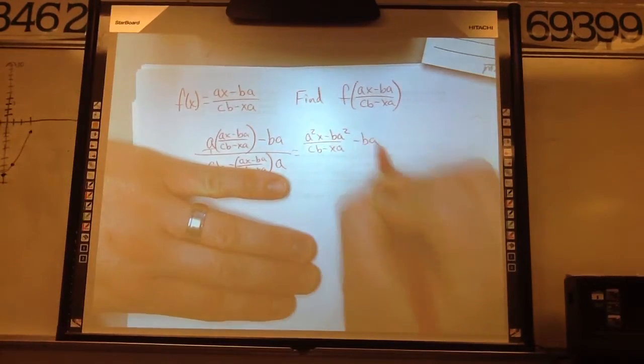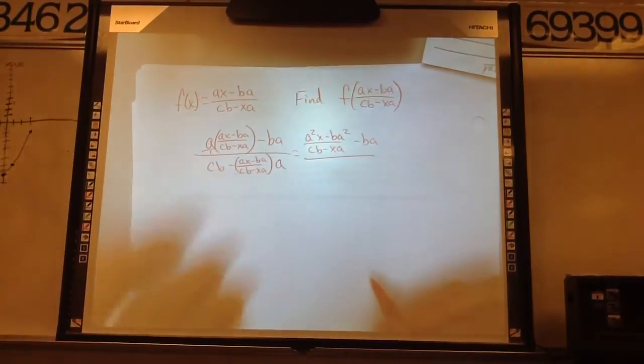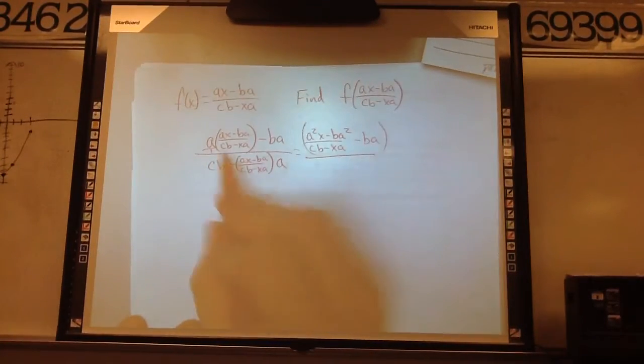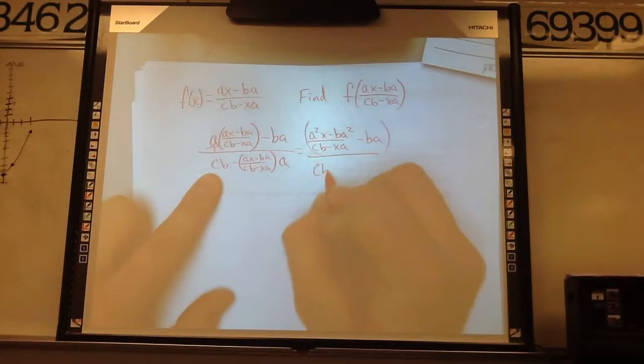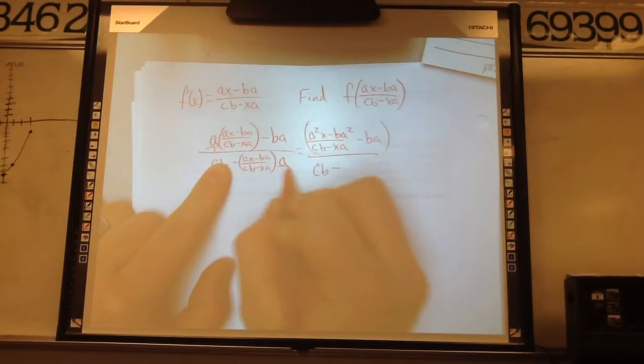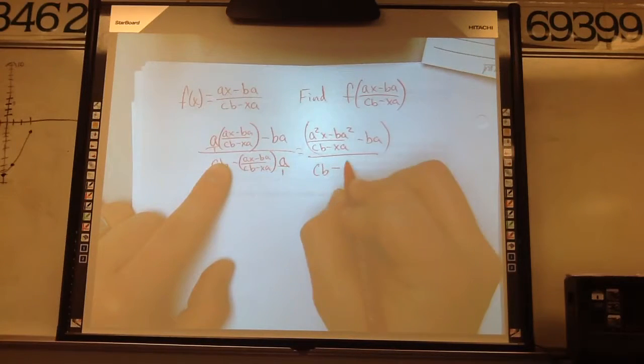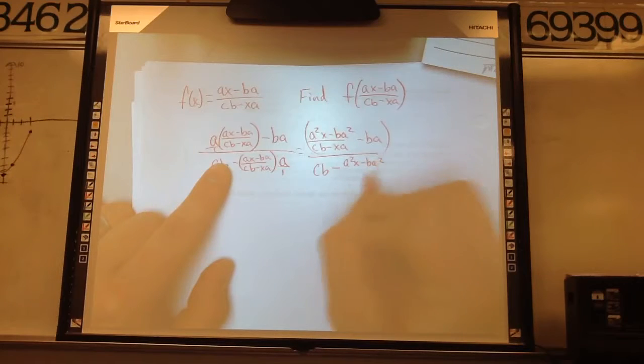All I did was do a over 1 times that. So multiply the tops. A times ax is a squared x, a times ba is ba squared. Bottom, same thing: cb minus xa over 1 times both of them. So it's going to be a squared x minus ba squared over cb minus xa.